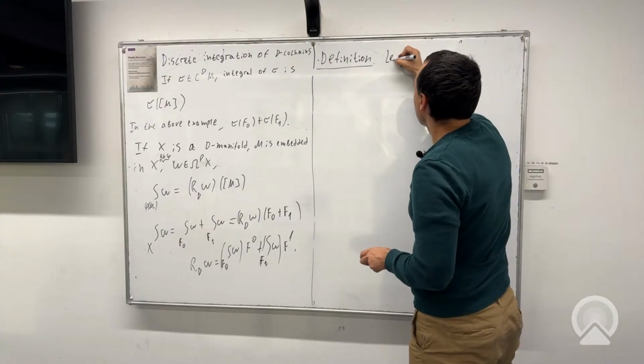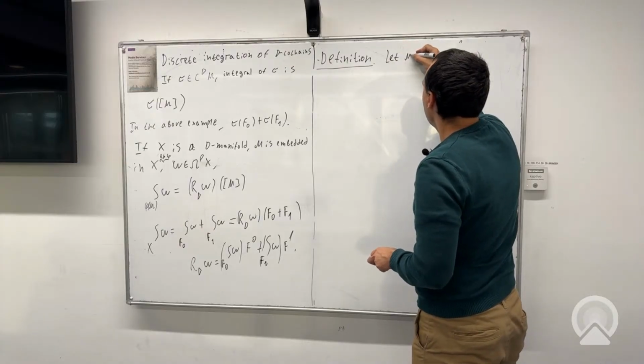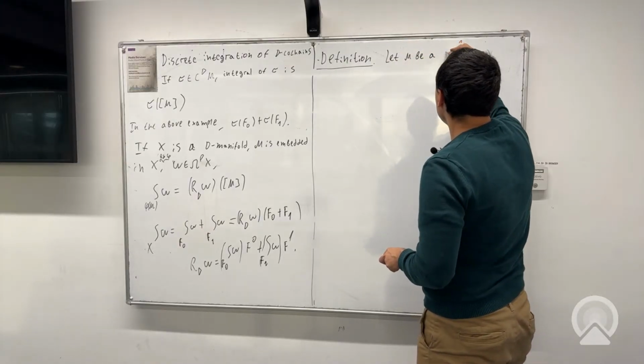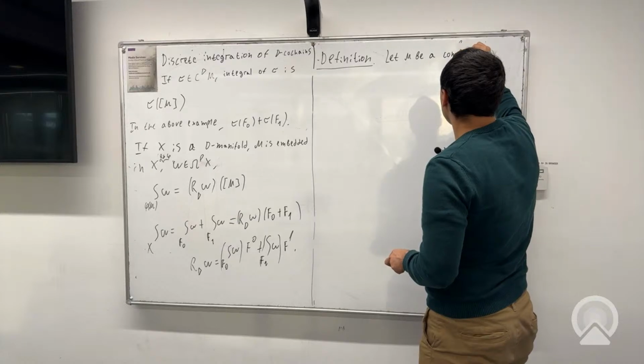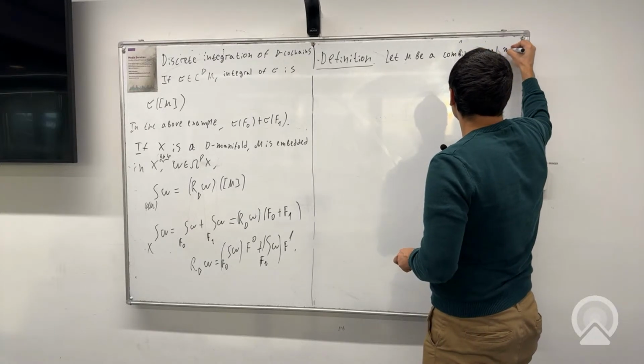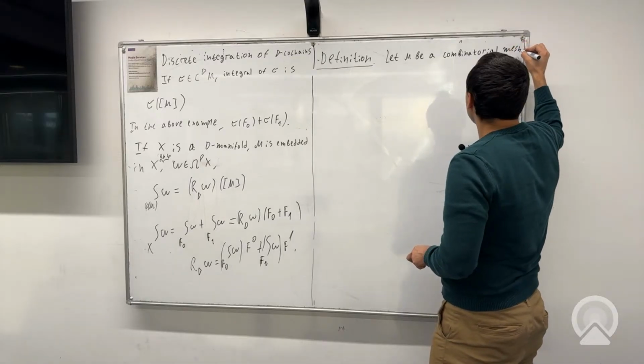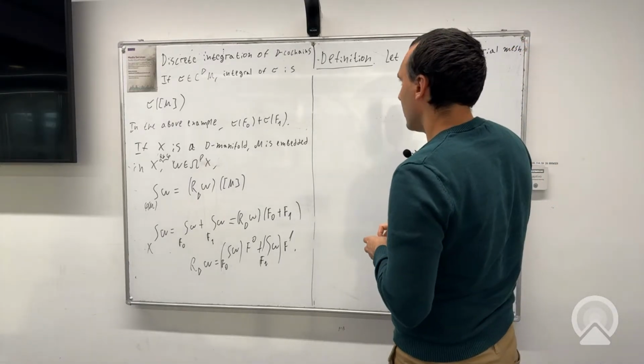So let M be a combinatorial mesh. It has some boundary and co-boundary operator.